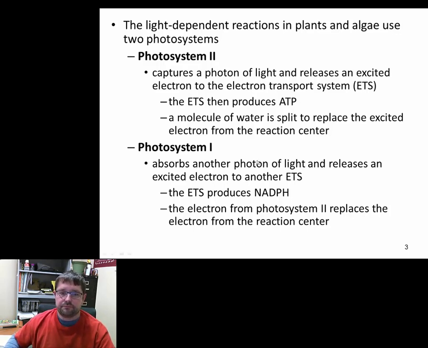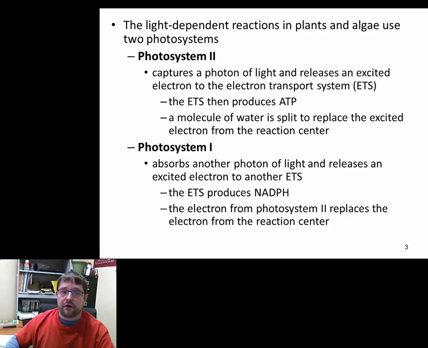So in photosystem 1, that electron is excited by another photon, and it moves to the electron transport chain again. But this time, instead of producing ATP, NADPH is formed. Remember when we were talking about NADPH, we were talking about it being an electron carrier.